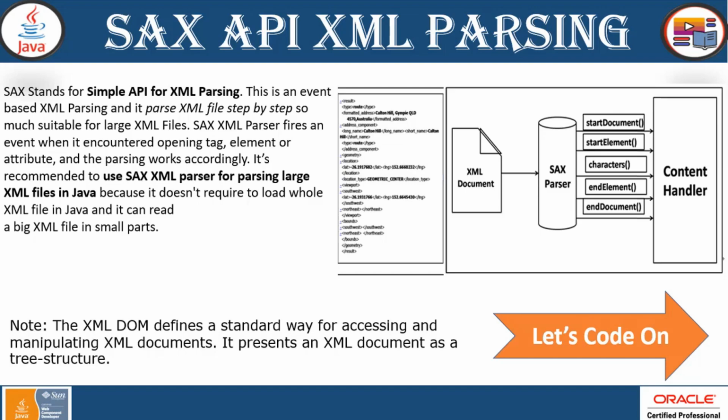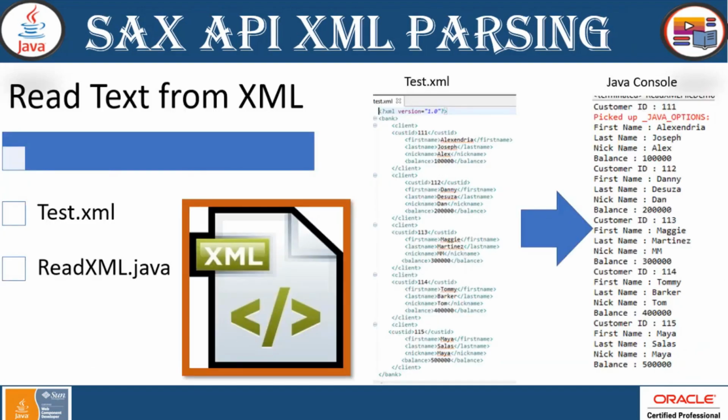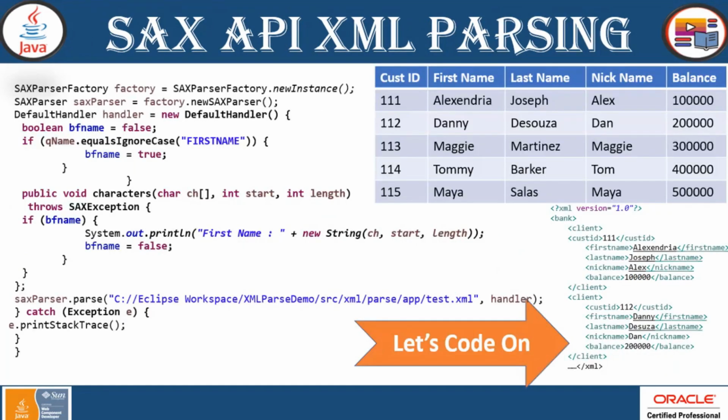Now let's take a look at the demonstration. In the same way, we have that same file, and we are going to use the SAX API. This is our data table, which is in XML form, and this is our API where we are going to parse, using a factory the same way we did with DOM.